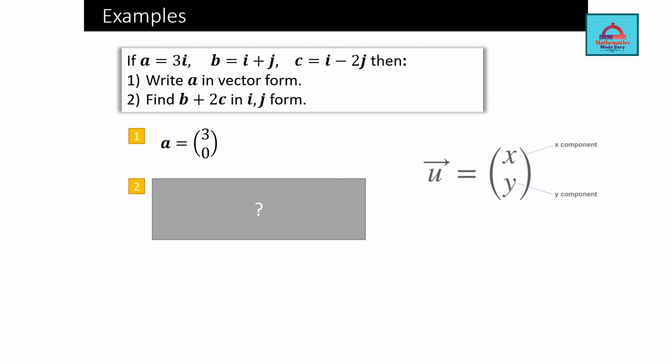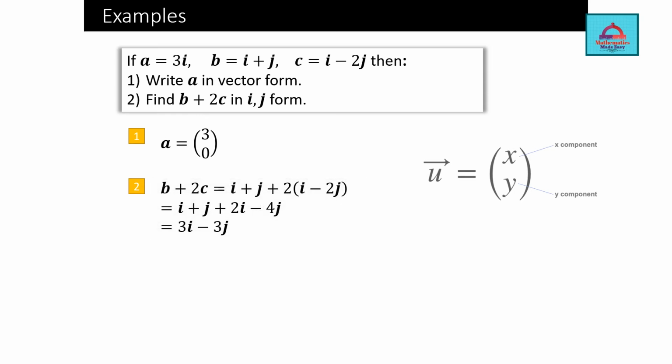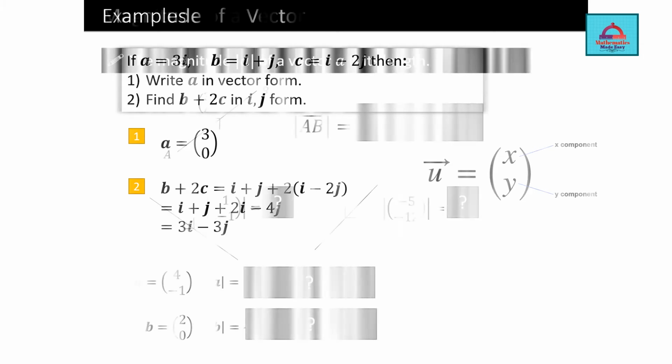For the second part, b plus 2c, that means vector b is as it is, c vector has 2 times, so we will multiply with 2. So it will become 2i minus 4j. Now combine i with 2i, that is 3i, and j minus 4j is minus 3j. So this is how you solve a vector question.